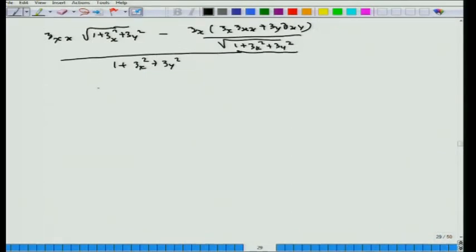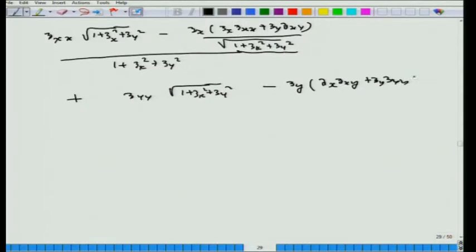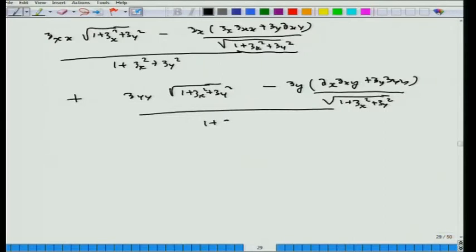That is the first term, plus z_yy times 1 plus z_x squared plus z_y squared minus z_y into z_xy plus z_y z_yy over, z_y squared upon 1 plus z_x squared plus z_y squared.